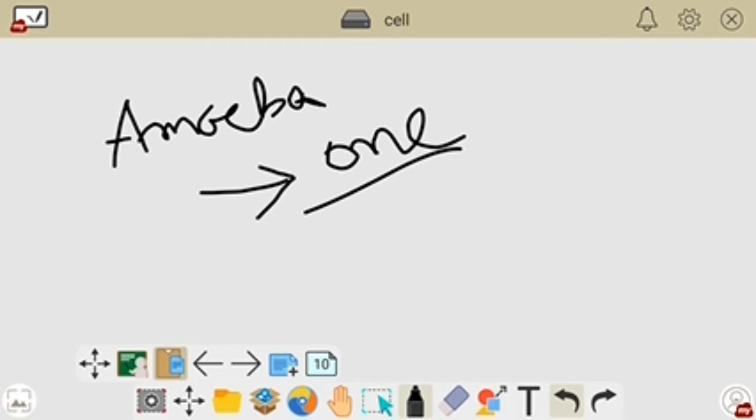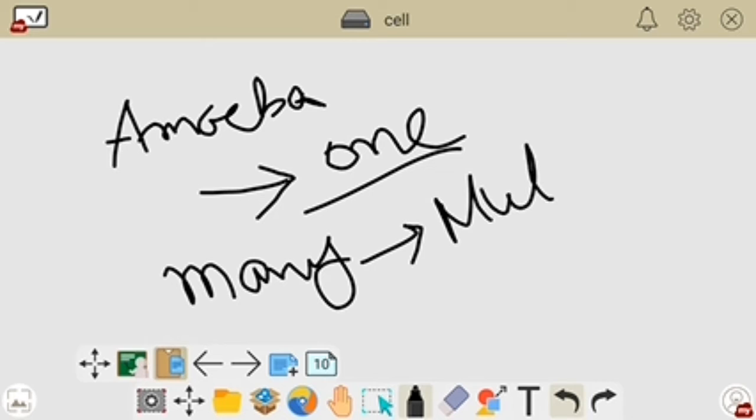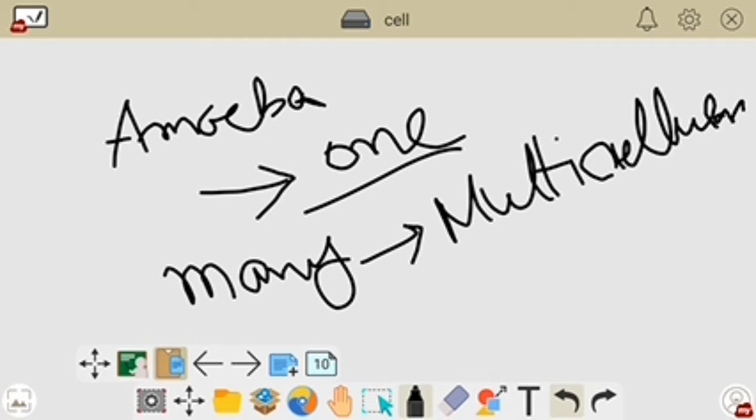Now we are going to discuss the organisms which are made up of many cells. They are called multicellular organisms. What are the examples?